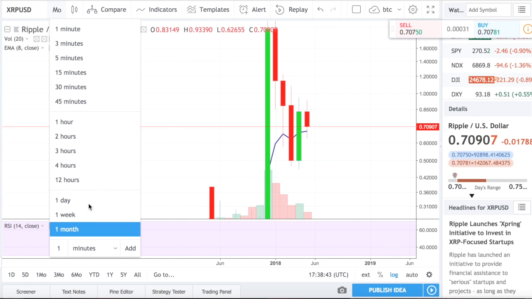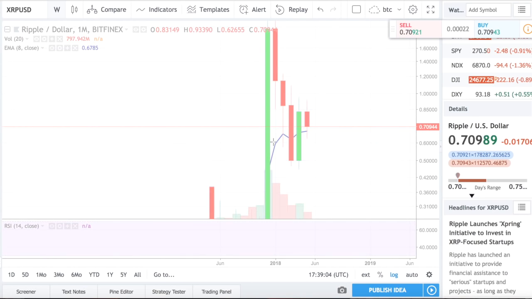In the most basic terms, you start from the 1 month and set all your resistance and support levels, then you go to the 1 week, then the 1 day, and so on, and then you clean your candles a lot more so that they're easy to look at. So anyways, let's go to the 1 week.